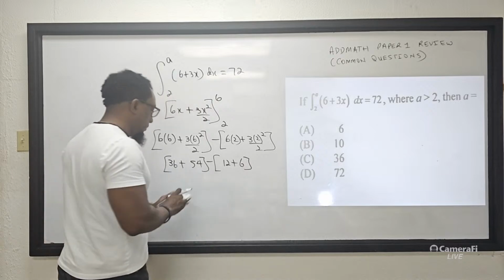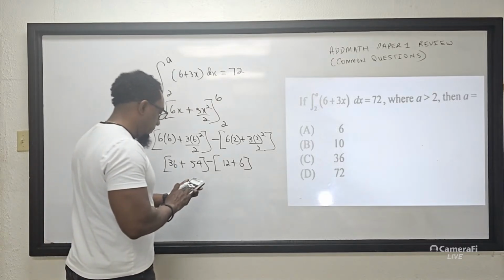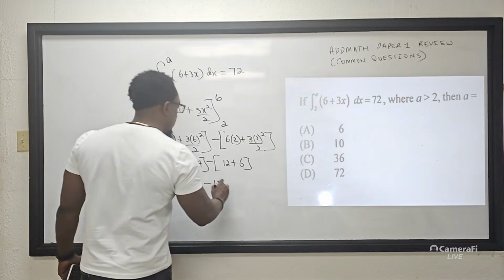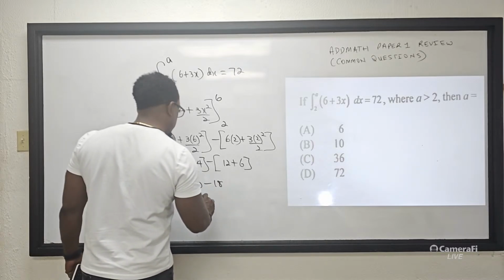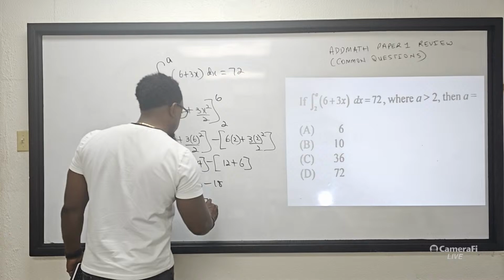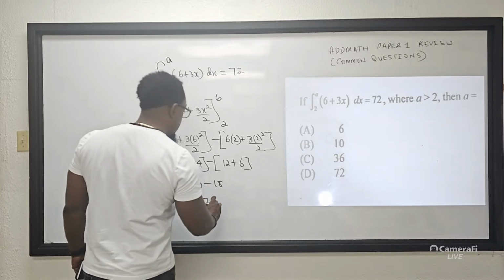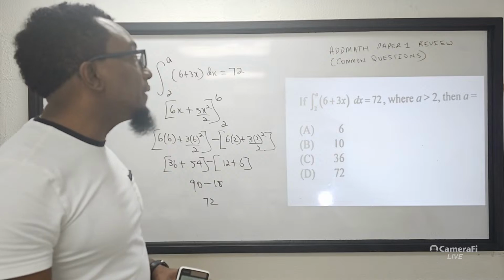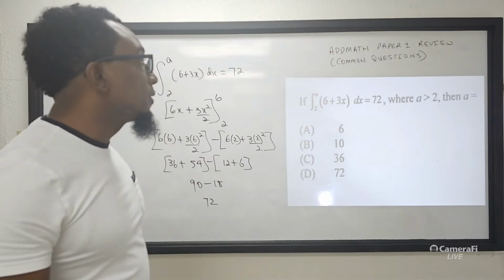So I'm going to get 36 plus 54 is 90. Subtract 18, which will give me 72, yeah? So I got 72, which means that the value of a is 6, alright?